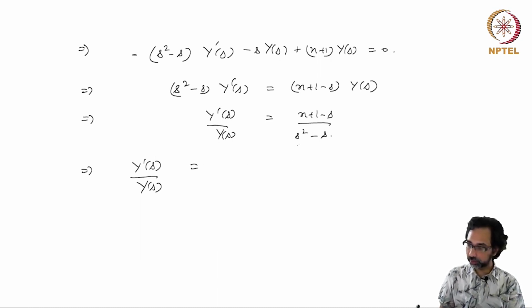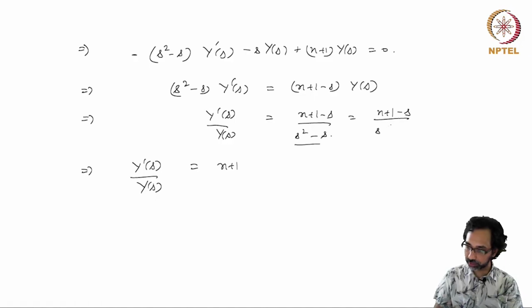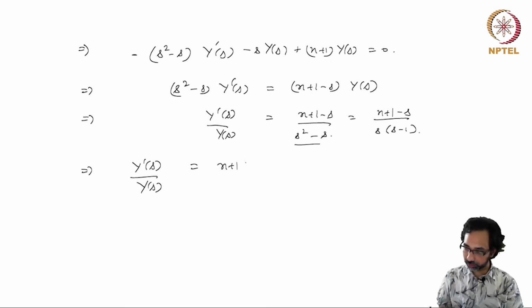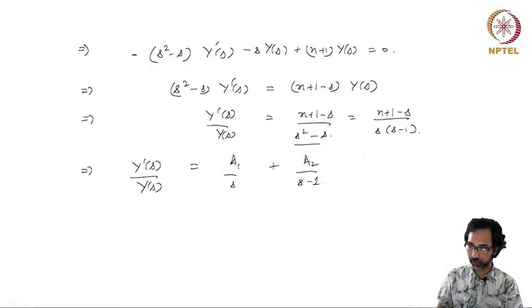We will expand it in partial fractions. Note that this is (n plus 1 minus s) over s times (s minus 1). So you can write this as a partial fraction a1 over s plus a2 over s minus 1.